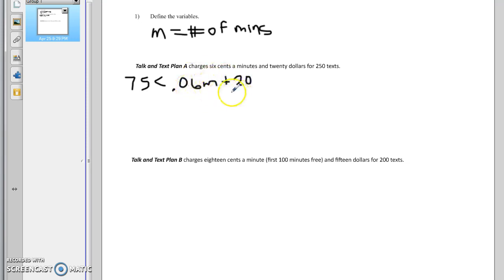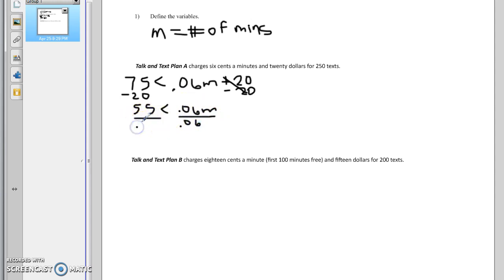So I'm going to go ahead and solve for my M now. From here, I'm going to isolate my variable. I'm going to subtract 20 from both sides. And when I do that, I get 55 is less than 0.06 M. And then I'm solving for M. I don't want 0.06 M. I want 1 M. So any number divided by itself is equal to 1.